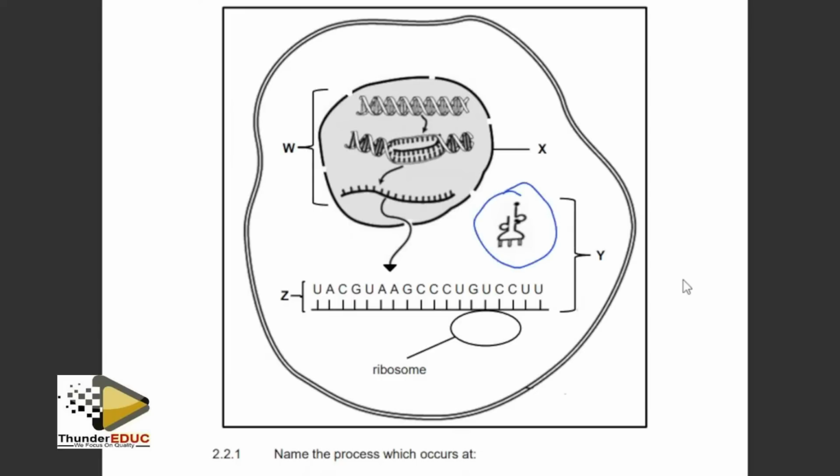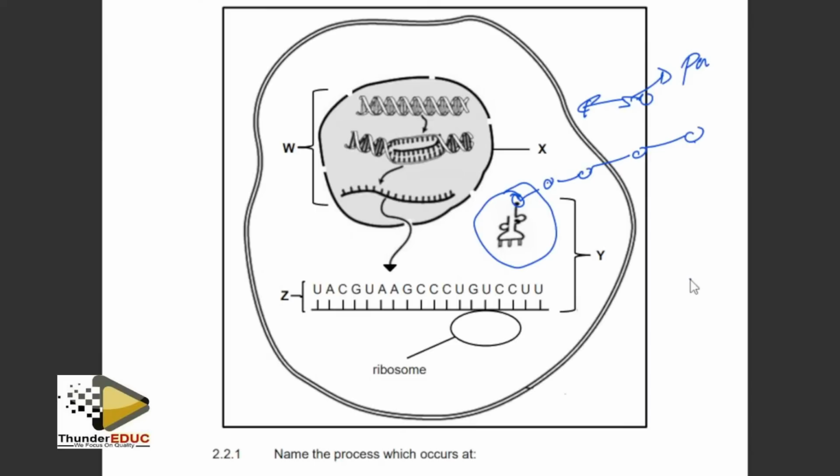This is an amino acid. But if they put dots there, this is not a protein, it's a polypeptide chain, because I said that a polypeptide chain is less than 50 amino acids. Above 50 amino acids, it is a protein. Since this is only 5 amino acids, that is a polypeptide chain.